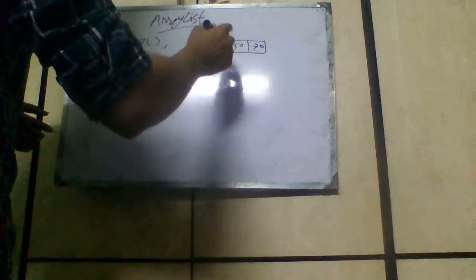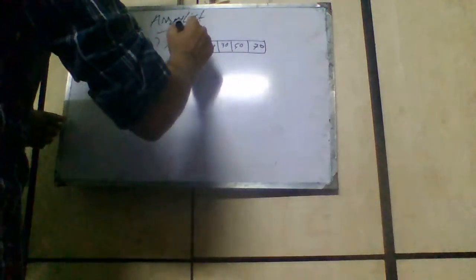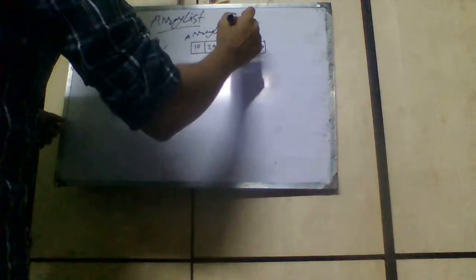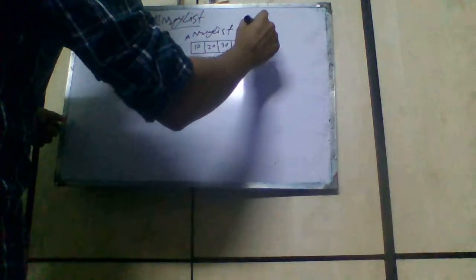That means the size of this ArrayList is 5. So number 1 is size.